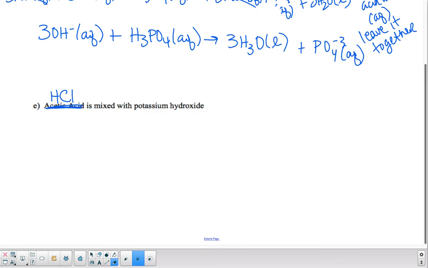What kind of acid and base do I have? Strong acid, strong base, right? So HCl is going to be considered aqueous, and KOH is going to be considered aqueous. It's going to be considered aqueous, and both of them are strong. So this is a strong, strong mixture.